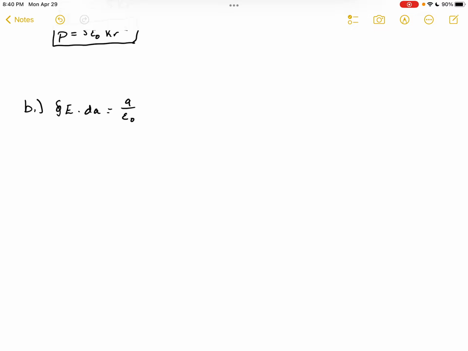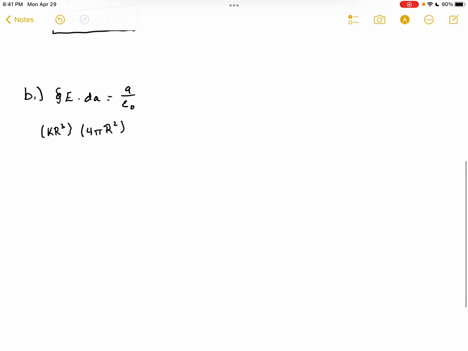So we know for a sphere, surface area is going to be 4 pi times the radius, which is big R, squared, and then k R for our electric field, which they gave us at the top, is equal to Q enclosed over epsilon naught.